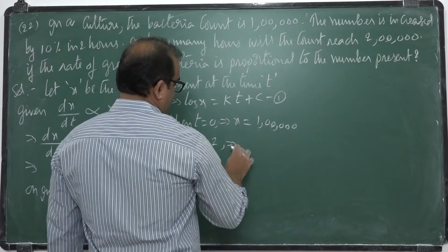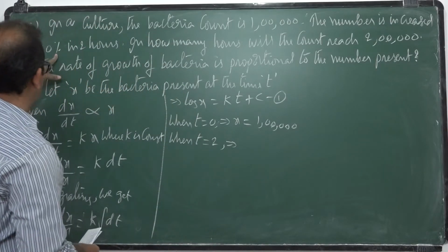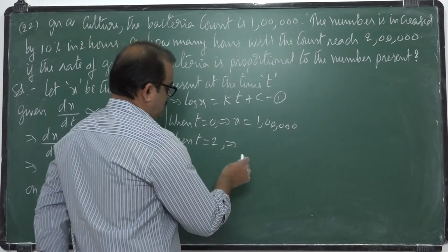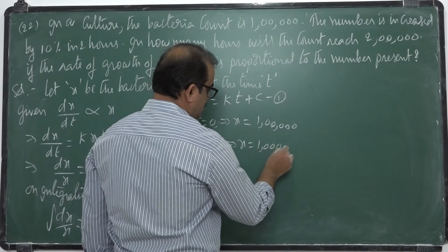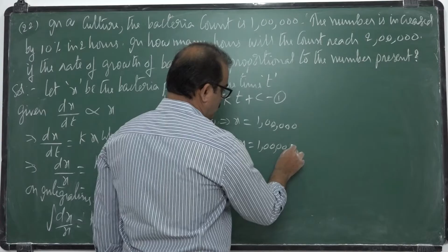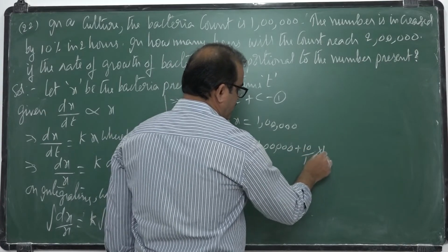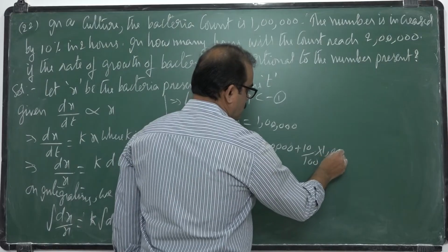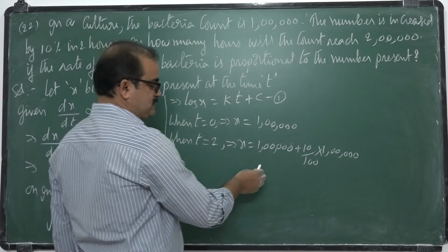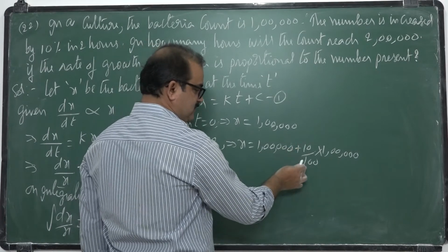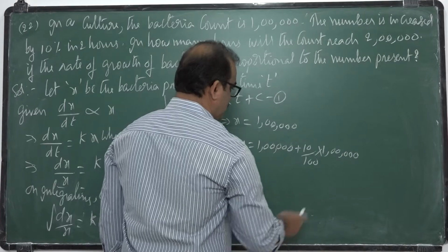10% means 10 by 100. So x value is 1 lakh plus 10 by 100 into 1 lakh. How much is it increased? 10%, that is 10 by 100 into 1 lakh.